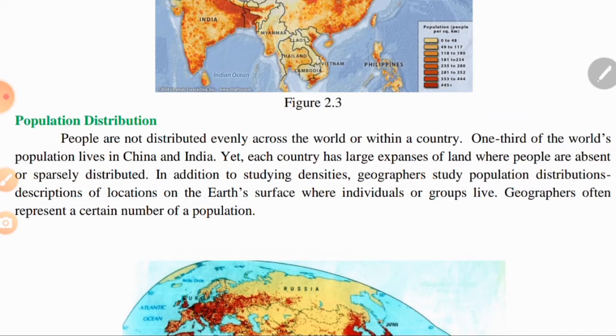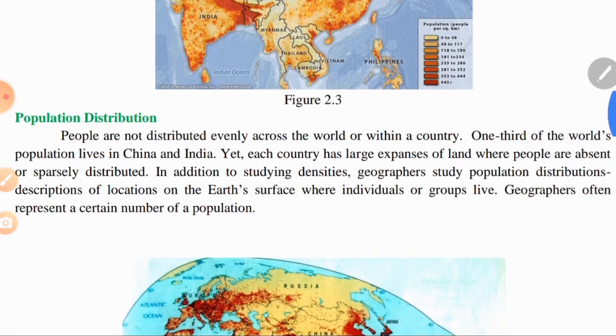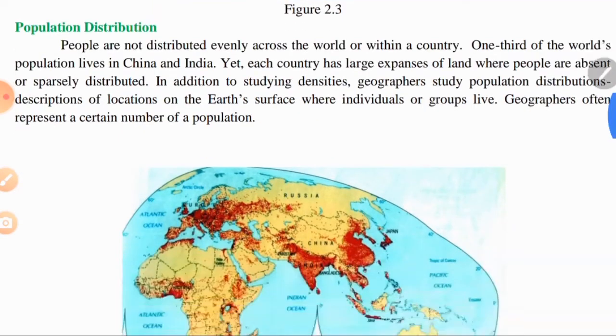In addition to studying densities, geographers study population distributions, or the descriptions of location on the Earth's surface where individuals or groups live. They often present the population distribution on dot maps, as you can see.